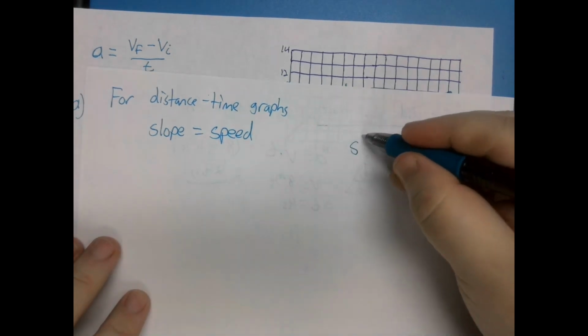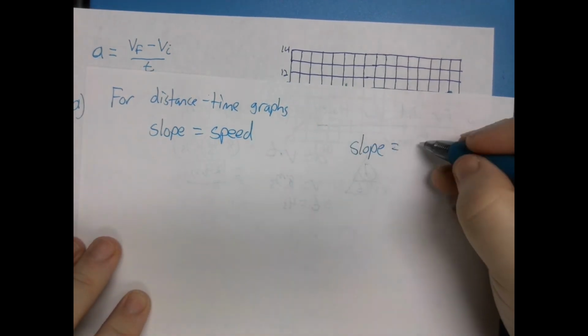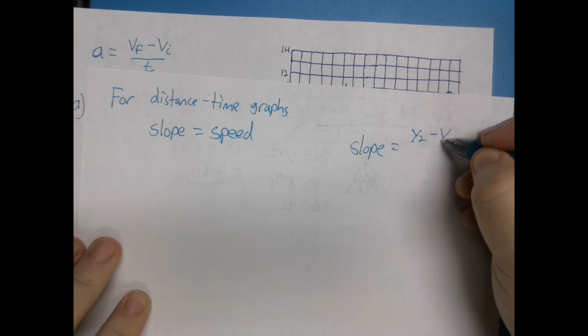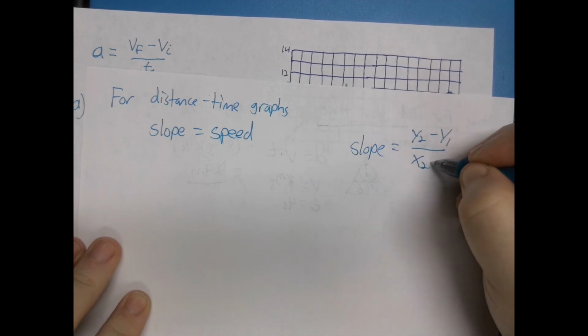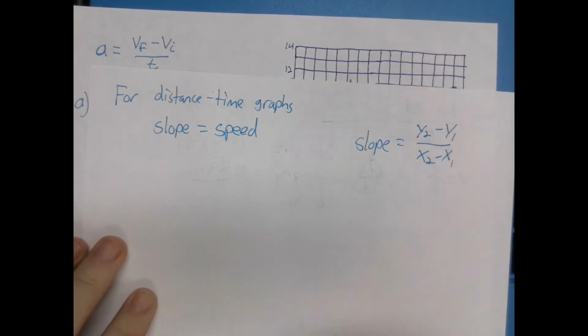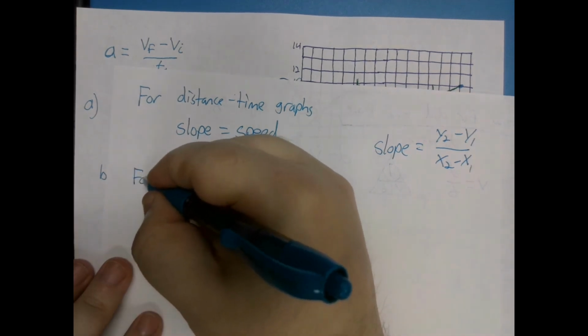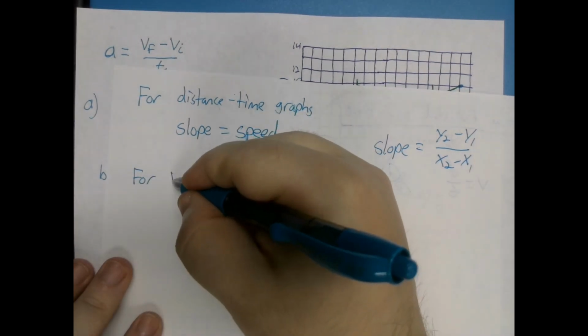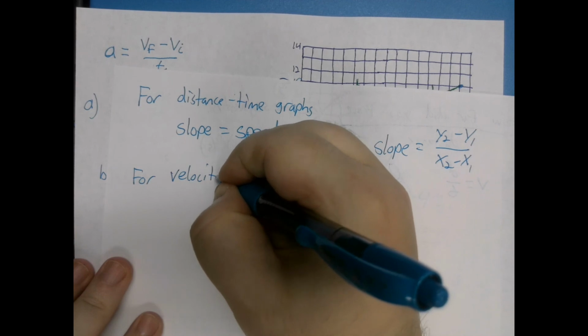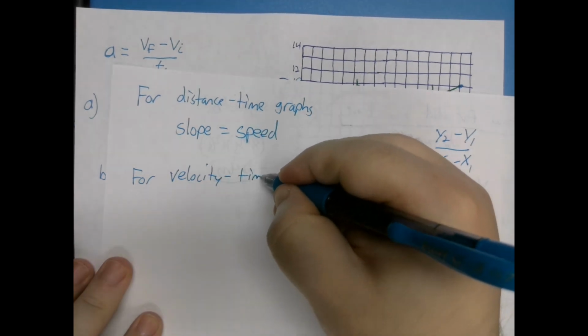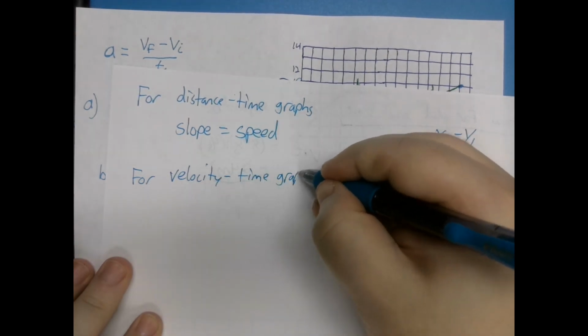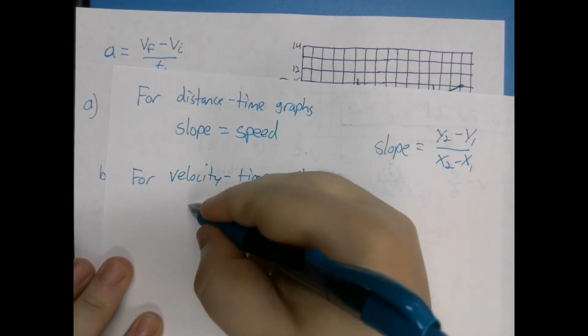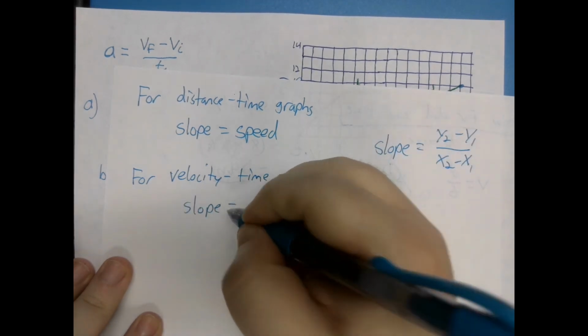And slope is equal to y2 minus y1 divided by x2 minus x1. For velocity time graphs, or speed time graphs, slope equals acceleration.